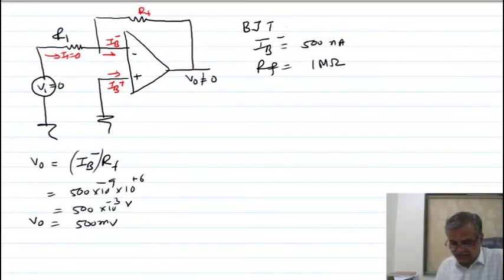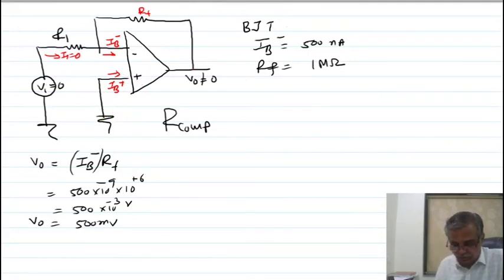In this technique, remember, a compensating resistor R compensated is added between the non-inverting terminal and ground.